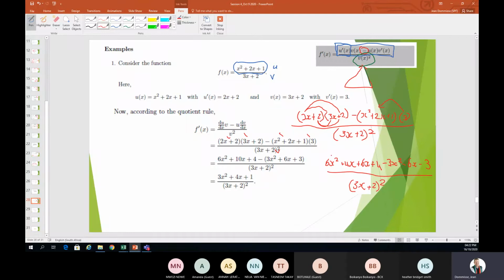So there's the 6x squared plus that one, so that gives you a 3x to the power of 2. All the x's, so 4, 10, that was minus, so it is plus 4x. And then we have plus 4 minus 3, which is plus 1. Okay, which is exactly what we get there. And that one we will just move, and that is your final answer.